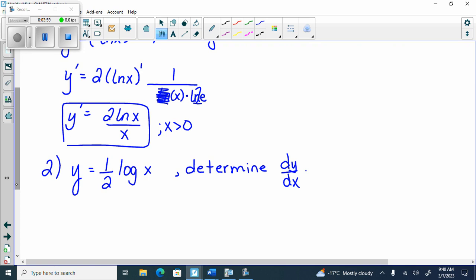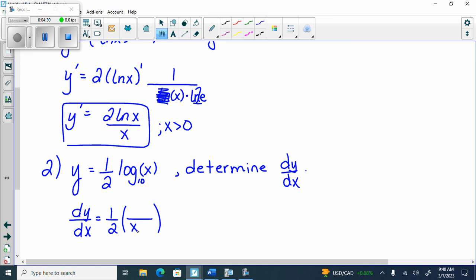Now, I also told you whenever you see log x, always put base 10. And the only reason why I'm putting the base 10 there is so that I remember to go ln 10 in the denominator. So dy over dx is what they want me to find, not y prime. So dy over dx equals 1/2. And then the derivative of a log, this is a log, ln is just a log base e. You take what's beside it, put it in the denominator, correct?